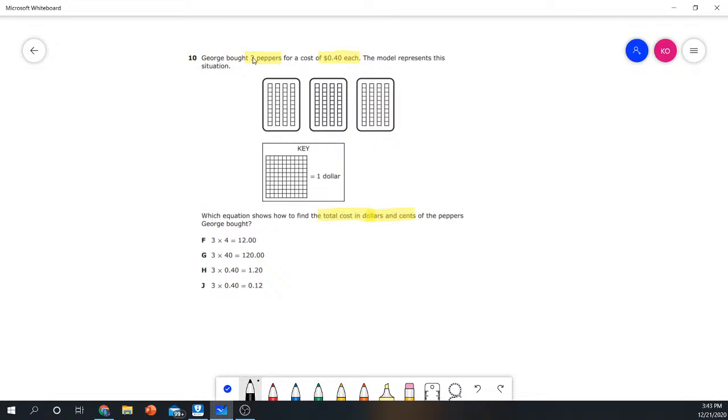So it says George bought 3 peppers, so 3 peppers, and for a cost of 0.4 each.